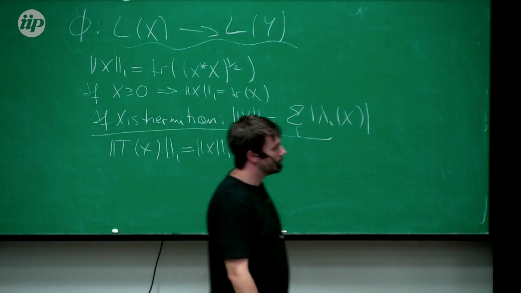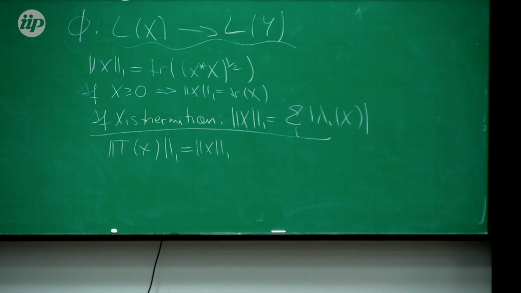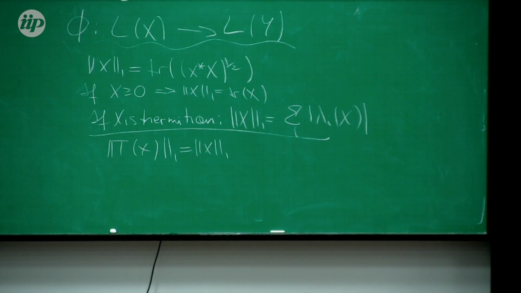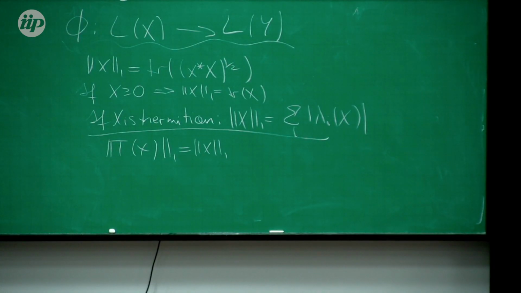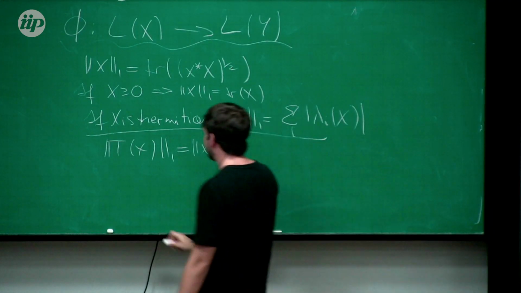But we can just look at this example over here. Okay, so here, the initial one norm of the state, this is a pure state, so it only has one eigenvalue, which is 1. Okay, so now let's look at what happens.